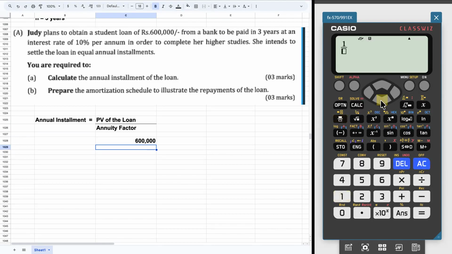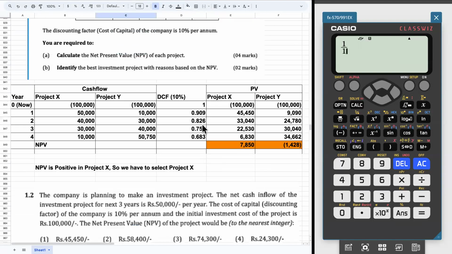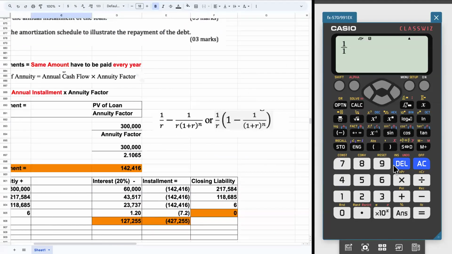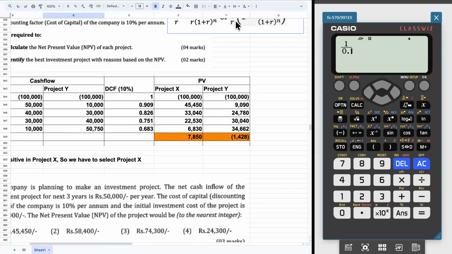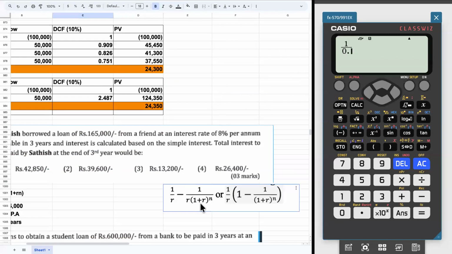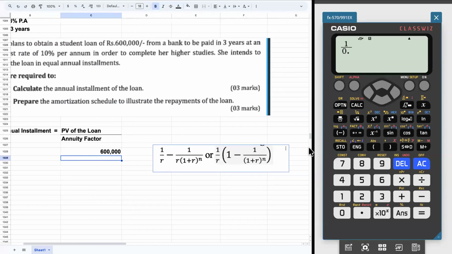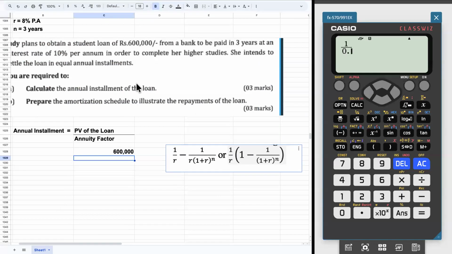The annuity factor is 1 over R, where R is 10% per annum, so 1 over 0.1, then open bracket, 1 take away the fraction 1 divided by 1 plus R, which is 0.1.